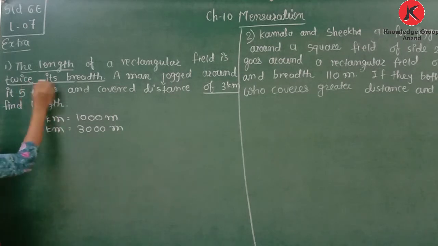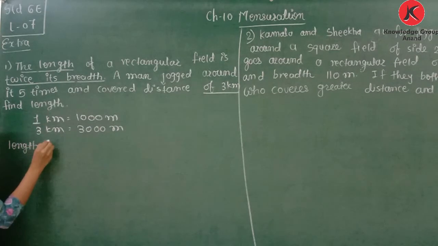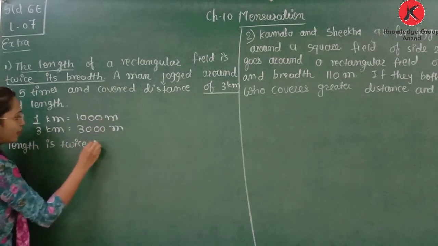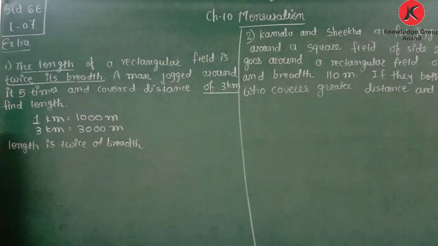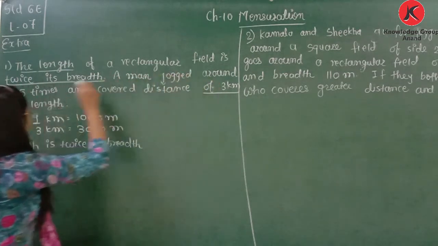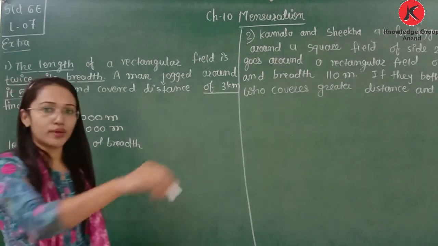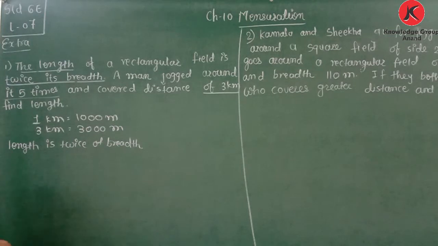Now, twice its breadth: the length is twice the breadth. Because the man is jogging around the rectangular field, and jogging means moving along the outer boundary, we need to consider the perimeter. So what is the equation?